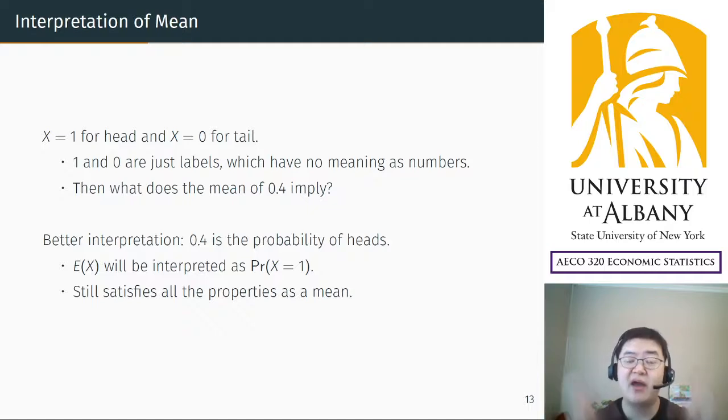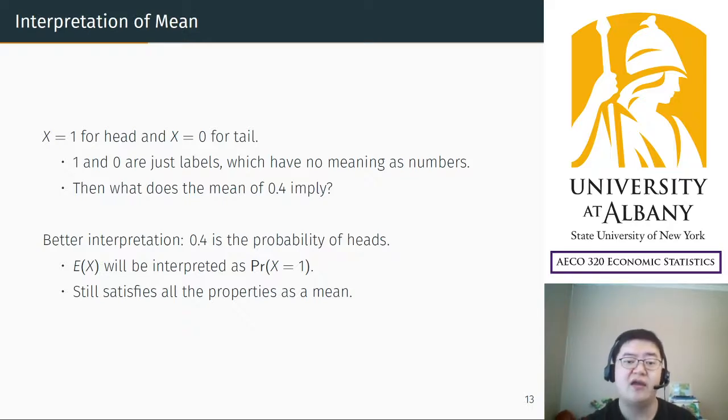So you can apply all the statistical methods that apply to the mean. 0.4 is the mean, but don't interpret this as the average. There is no outcome like 0.4. You get what I'm saying, right?